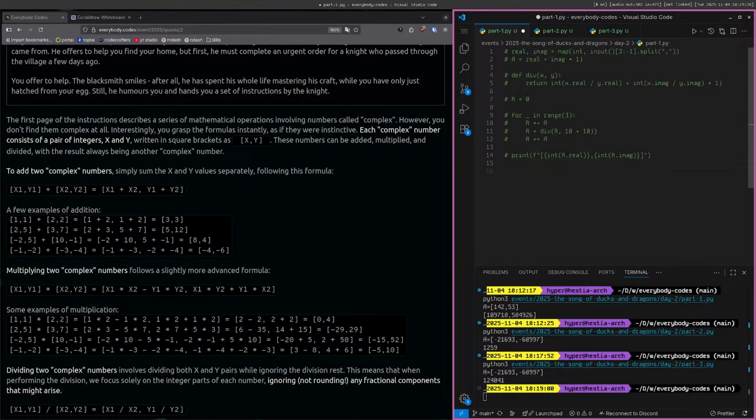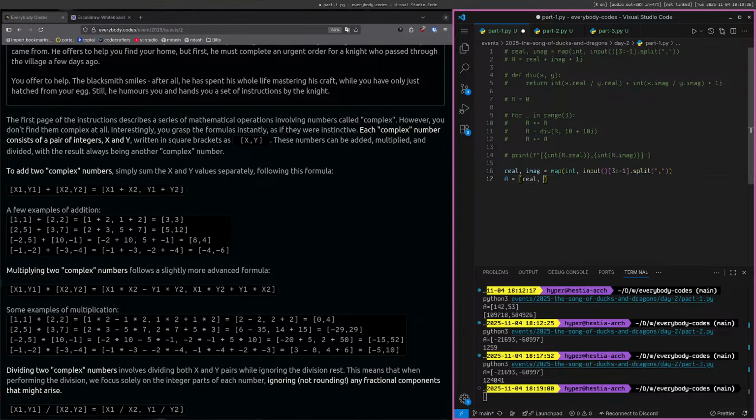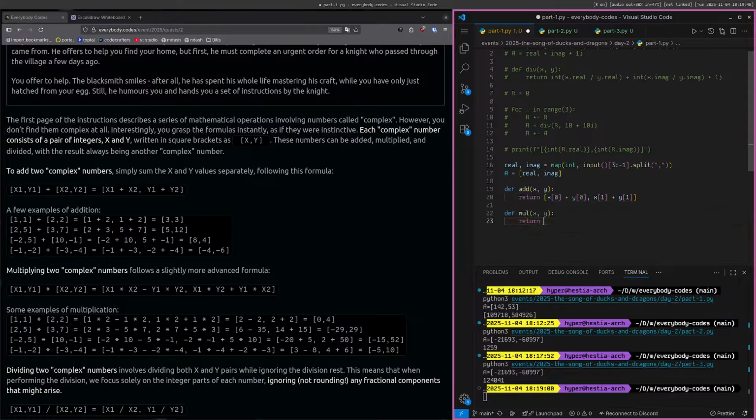So what we could do instead is something like, we could just define utility functions. Like so.